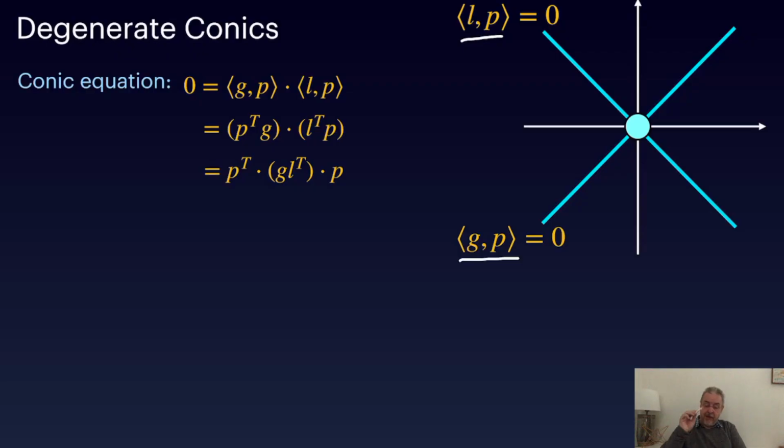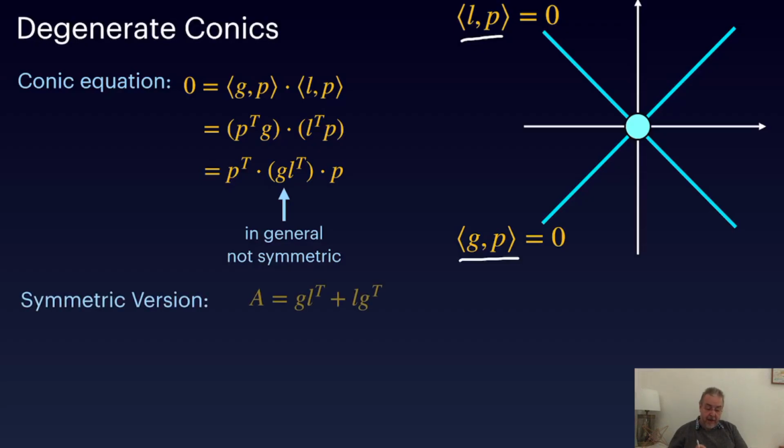So remember, both G and L transpose were three-dimensional vectors, so this here turns out to be a 3x3 matrix. Unfortunately, this matrix in general is not yet symmetric, but you can symmetrize it by the trick I taught you earlier, by simply adding it to its own transpose, and we can write it in this nice formula here.